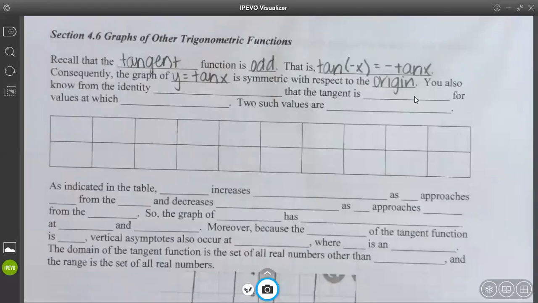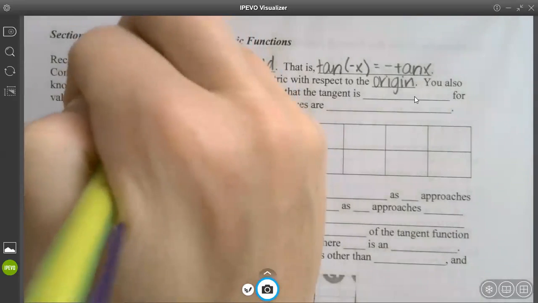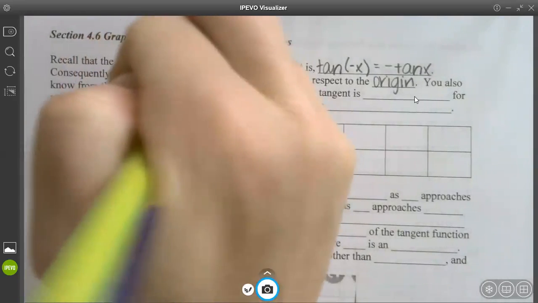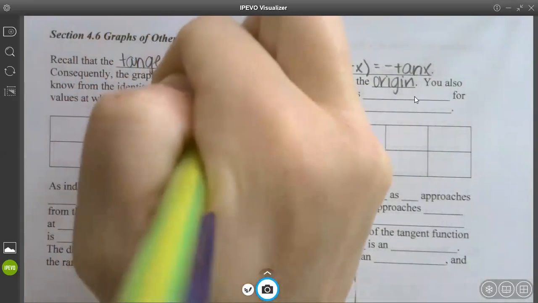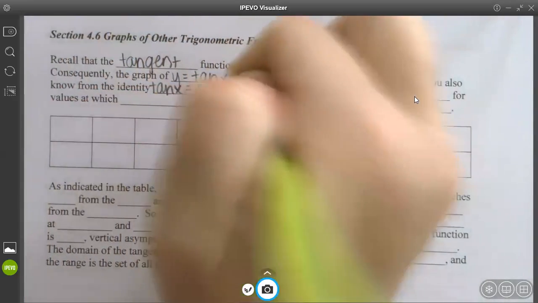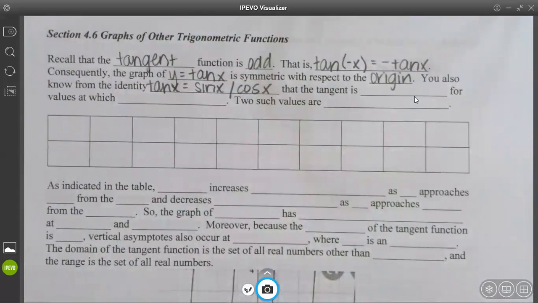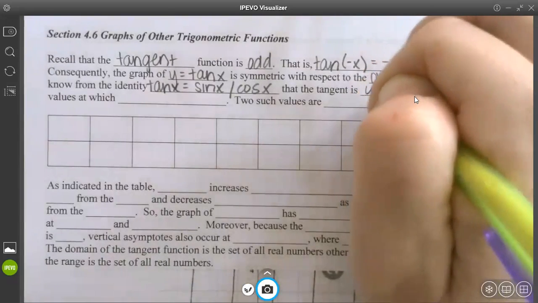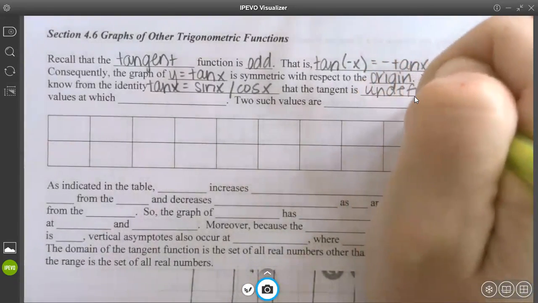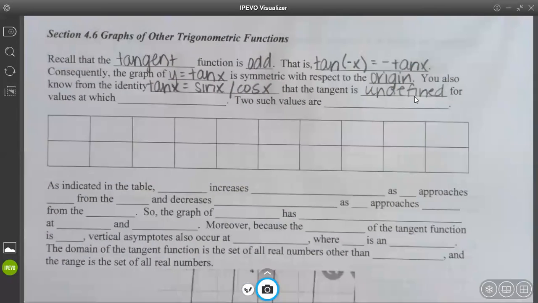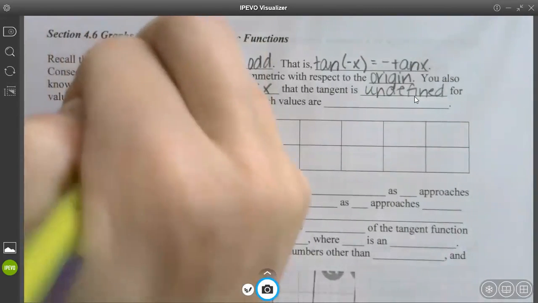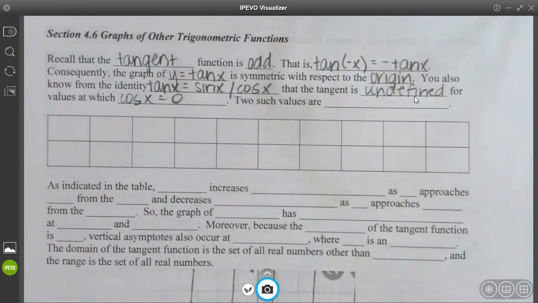So remember on Friday we were doing sine and cosine. Thursday as well we did sine and cosine, and now we're looking at tan. You also know from the identity that tan x is the same thing as sine x over cosine x, and that the tangent is undefined for values at which cosine x equals 0, because we can't divide by 0.